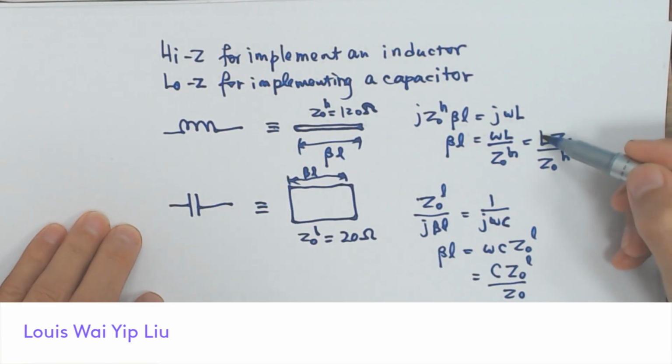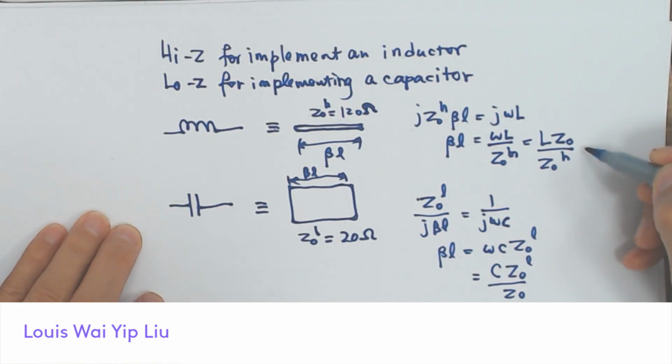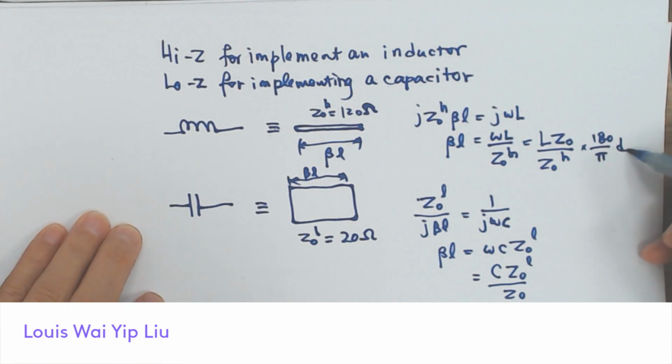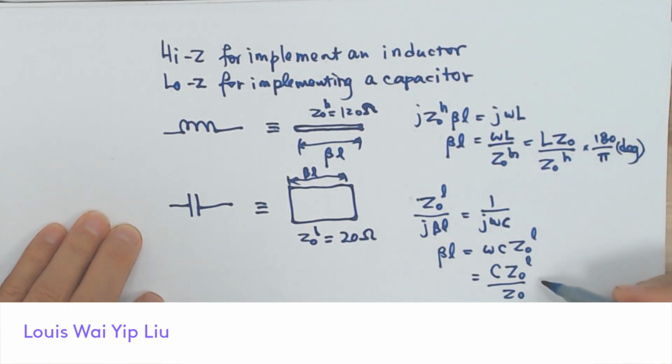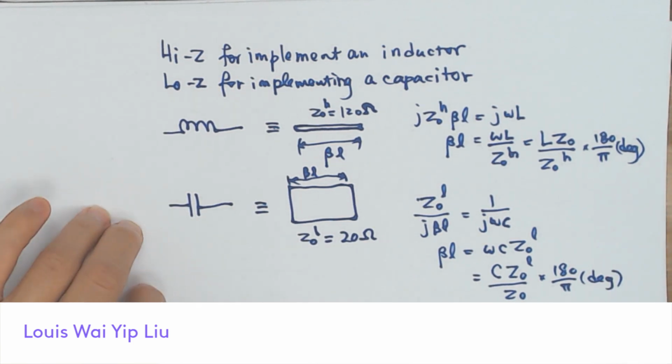In this case, the answer that we get here is in radians, so we need to convert it into degrees. And similarly, we are going to do the same for the capacitance.